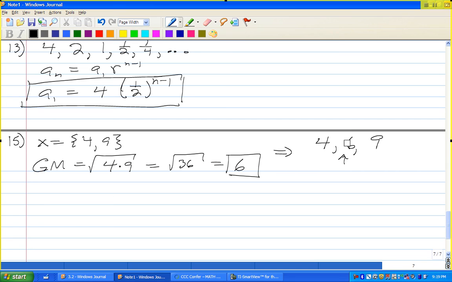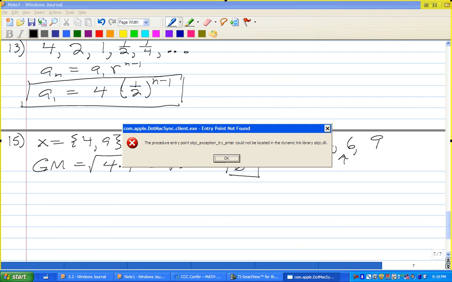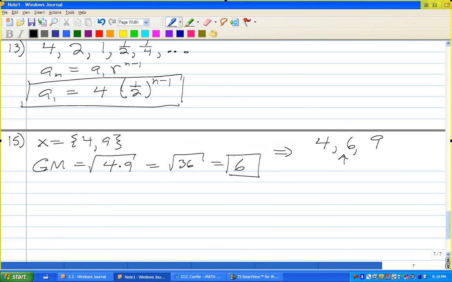And so 4 times 3 halves is 6. 12 halves, which is 6, times 3 halves is 18 halves, 9. So I've just inserted this geometric mean between the numbers 4 and 9, meaning that the numbers 4, 6, and 9 now form a geometric sequence.